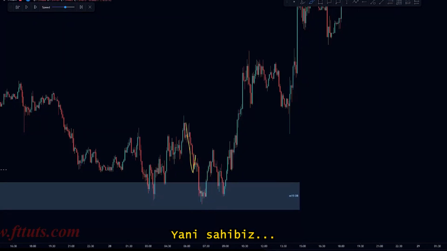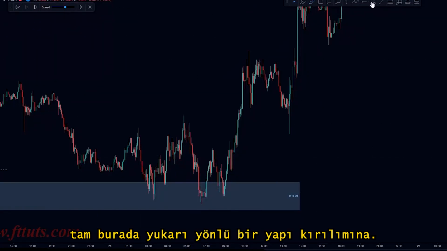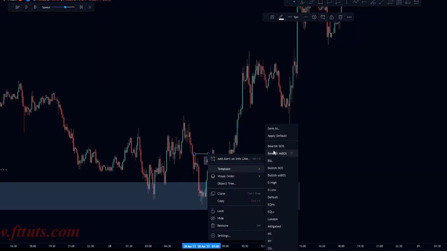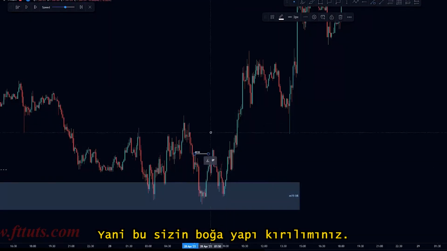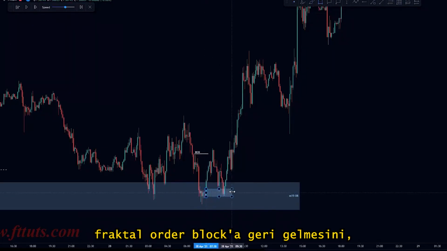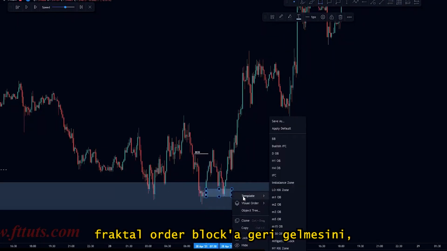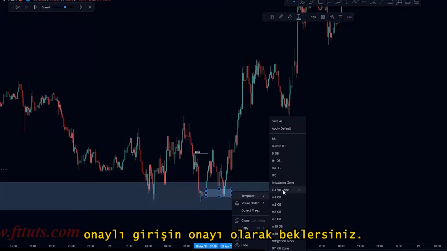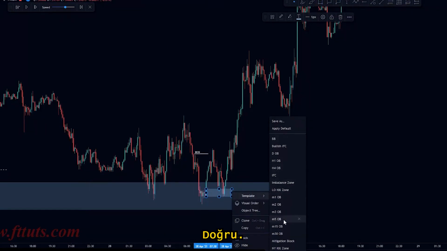Okay, so we have right here a break of structure to the upside. Okay, so this is your bullish break of structure, and what we'd be expecting, we'd expect price to come back to this newly created fractal order block as a confirmation of a confirmation entry, right?